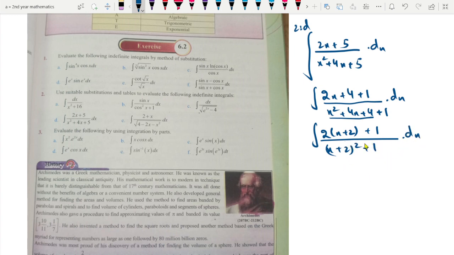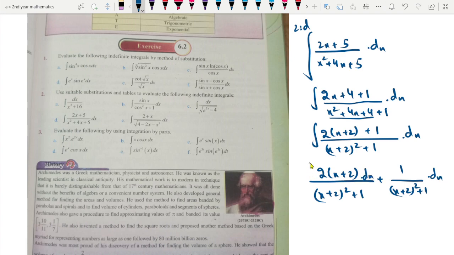So this is equal to, I can write it as integral of 2x plus 2 divided by x plus 2 whole square plus 1 dx, and plus integral of 1 divided by x plus 2 whole square plus 1 dx. I split this one into its fractions. So next we will let x plus 2 is equal to u.